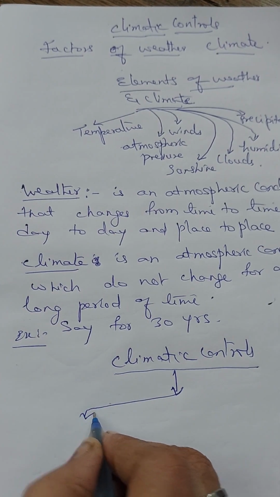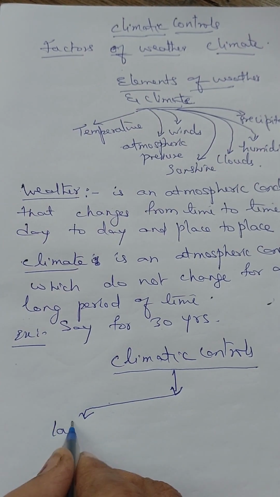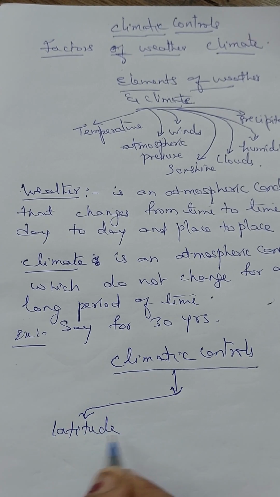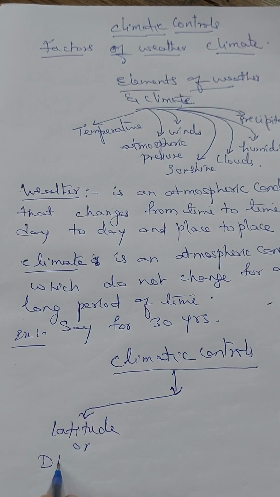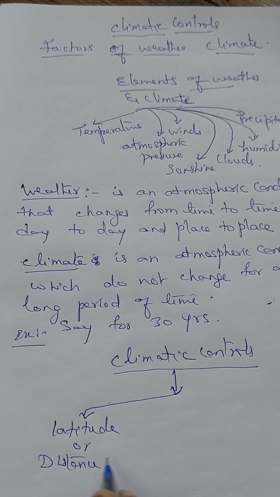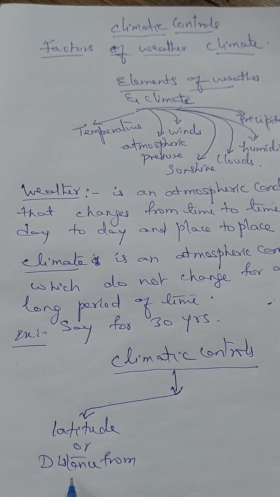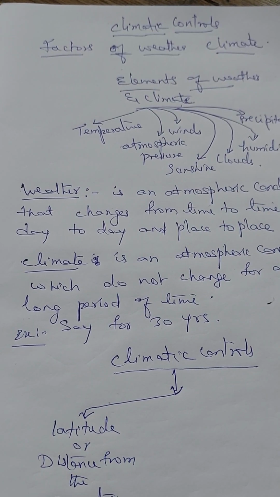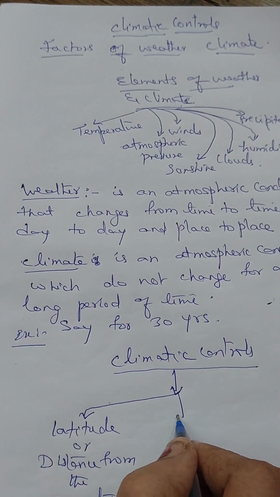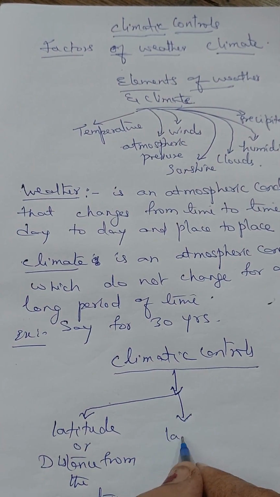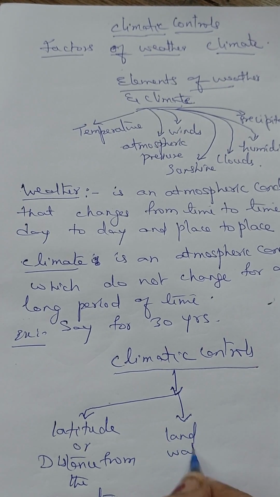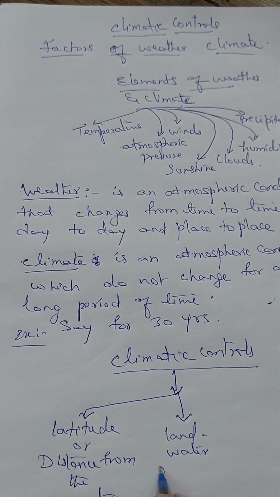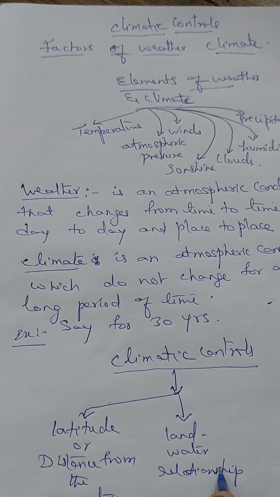First one is latitude or distance from the equator. Second one is land-water relationship, which influences the climate of a particular place.